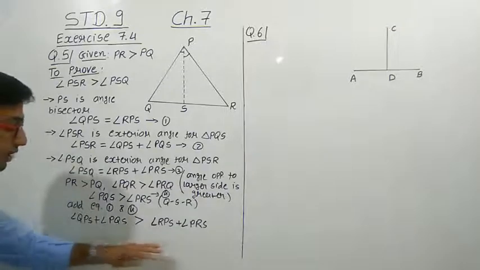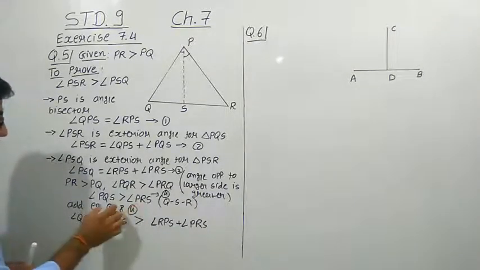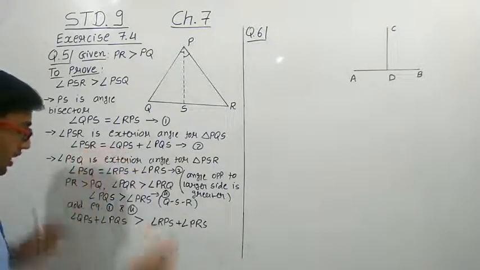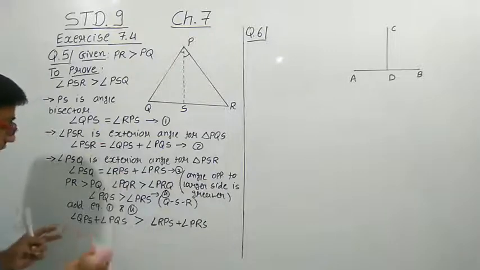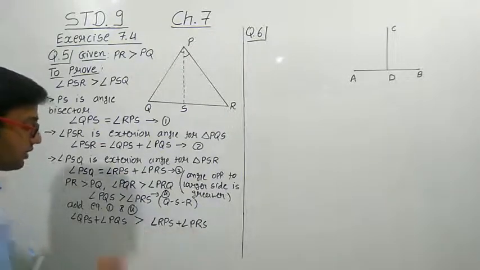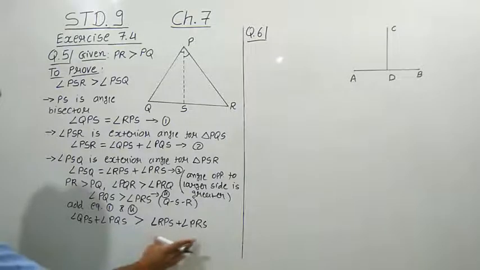This side will become greater than this side, right? Because two things are there, one is greater, one is smaller. If we add the same thing to both sides, we get this side again greater than this side. Understand? So this portion remains greater than this side.